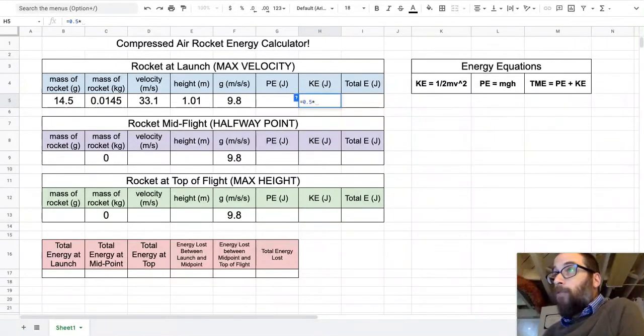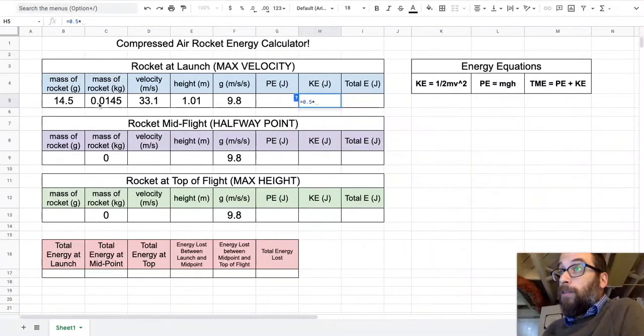Now, we want this rocket energy calculator to be able to calculate the energy of any rocket, of any data you enter. So we're not going to use the number for the mass. We're going to use the cell address. We're going to tell the spreadsheet where to go to find the number that represents the mass of the rocket. And that's right here in cell C5.